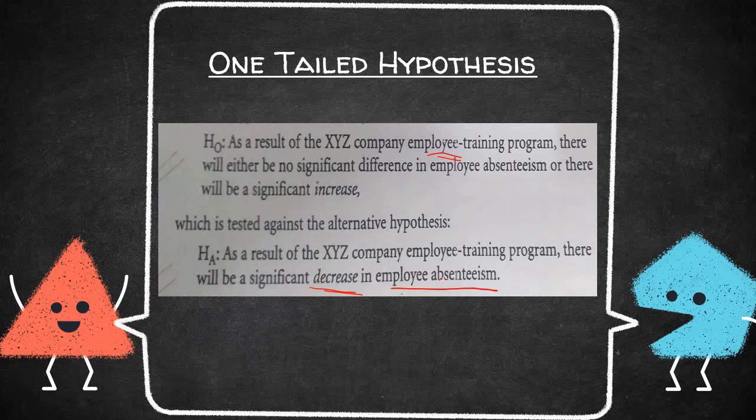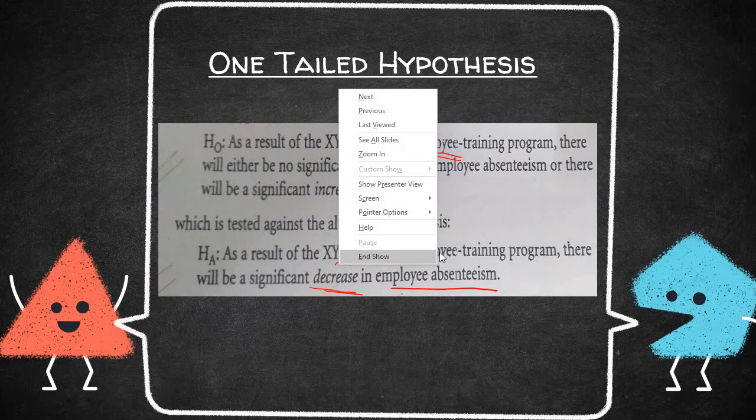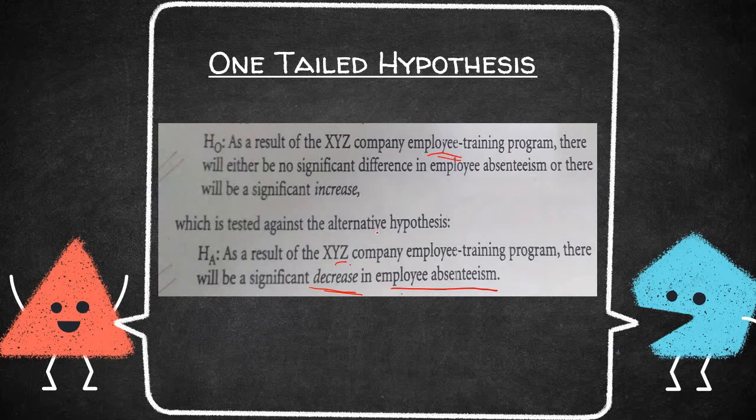This is a very common problem in, let's say, an organization XYZ, and they came up with this: let's introduce the training program and let's see that the employee absenteeism decreases significantly. So this is going to be your alternative hypothesis. As you can see, significant decrease in employee absenteeism. So the training program is your intervention, and this is leading to this significant decrease in employee absenteeism.